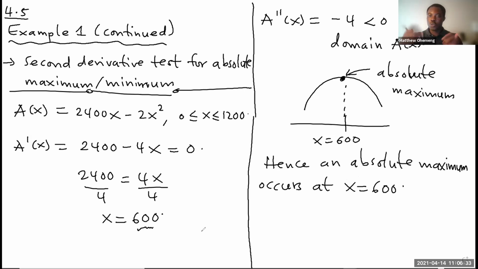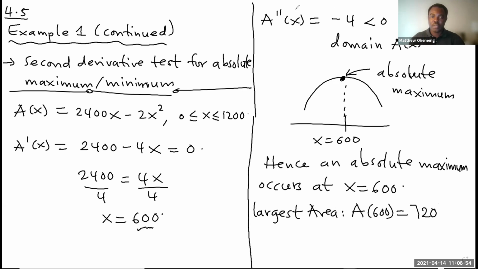So if you want to get the actual absolute maximum value of the area, the largest area, you will just plug the x value into the area. So the largest area will be evaluated as what? A of 600, which will be obtained by plugging it in. And from the result we got last time, it's 720,000 square units.